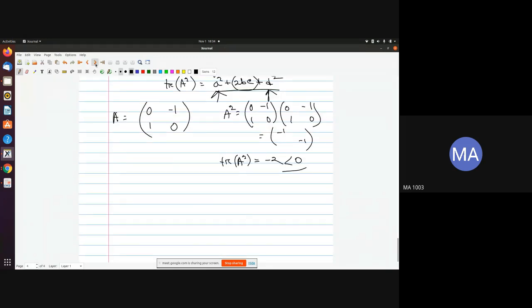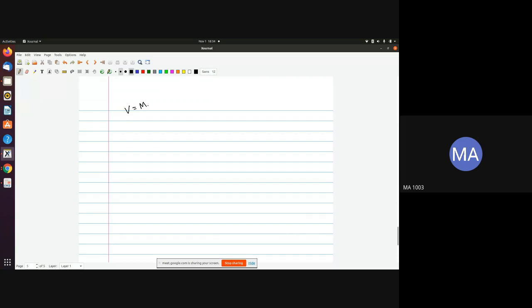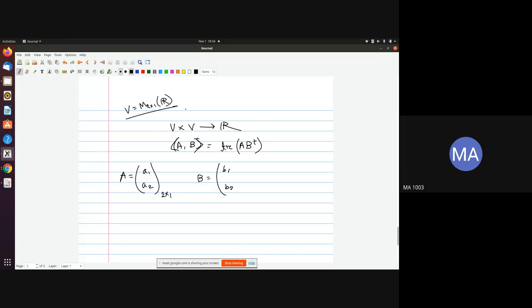Let me write V is M2 cross 1 of R, and the function is defined as the inner product of A and B, that is, the trace of A B transpose. I am taking A as A1, A2, which is 2 cross 1, and B as B1, B2.